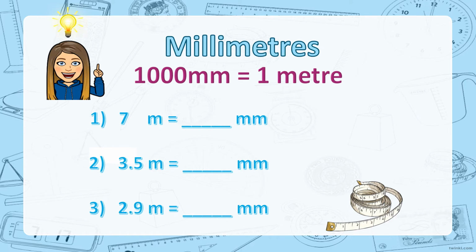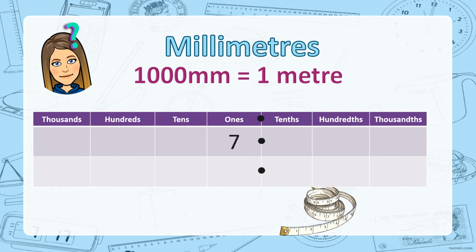Now we need to change metres into millimetres. The reminder at the top tells us that we need to multiply by 1,000. Question number 1 asks us to convert 7 metres into millimetres. Remember, we need to multiply by 1000. Again, we can use a place value chart.